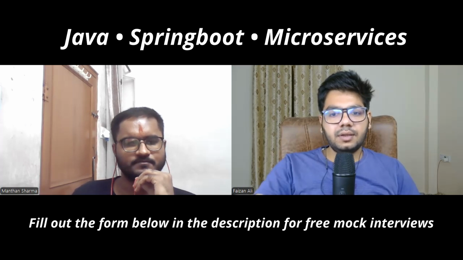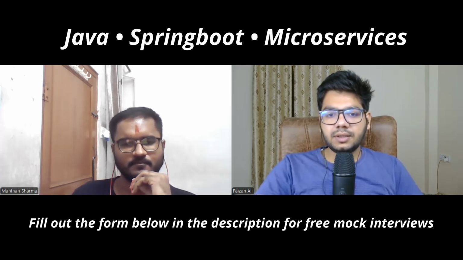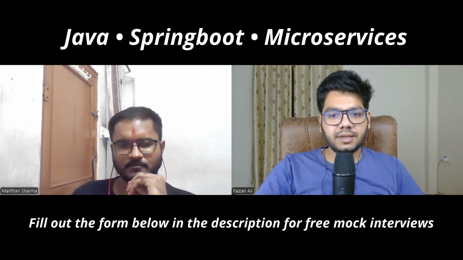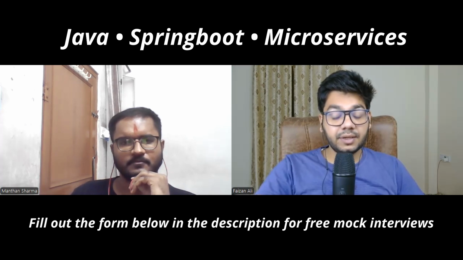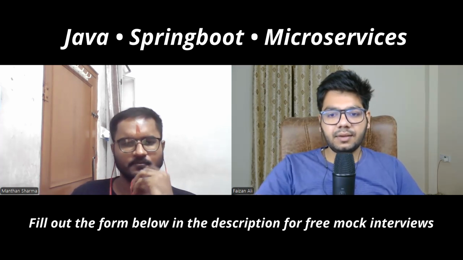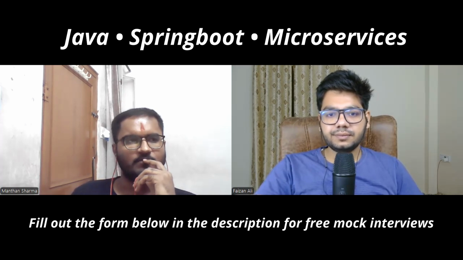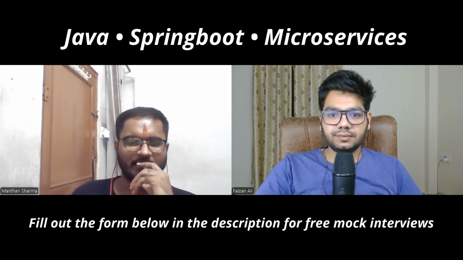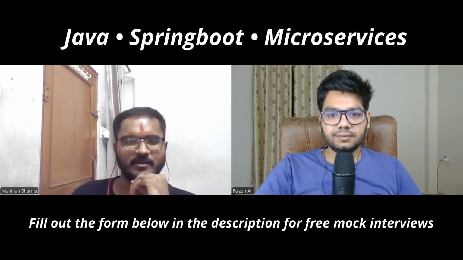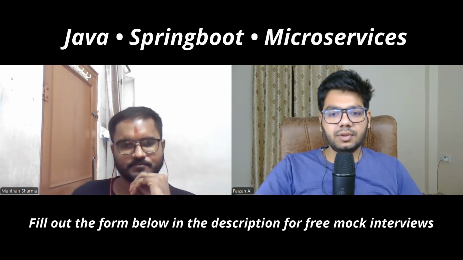Can you tell me the life cycle of an object from creation to garbage collection? I don't have that much detail on the life cycle, but all I can say is that once an object is created, it can be used in a method or a class, and once the reference is no longer required, it is automatically picked up by the garbage collector.